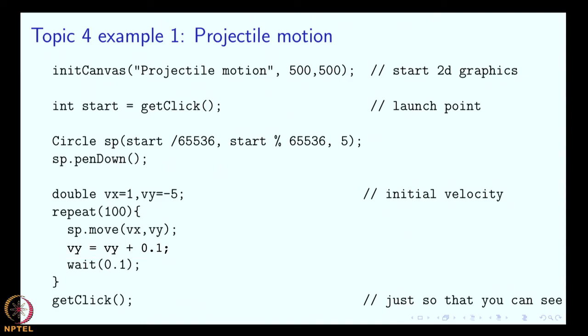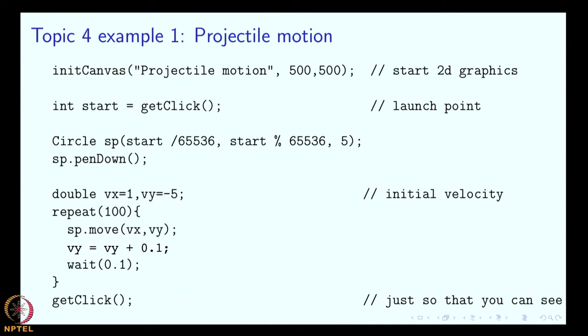SP is that starting point, SP is the circle that you created. Its center is going to be at the click point. That's what you get by dividing by 65536 and also taking the remainder, and the circle will have radius 5. And we are going to put the pen for that SP down.